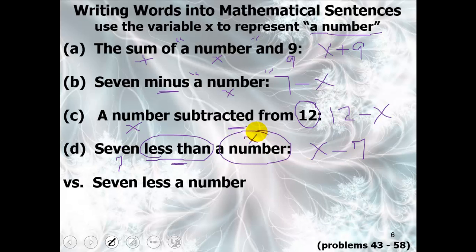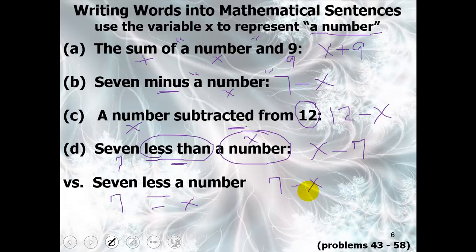Okay? Now, read this in comparison to 7 less a number. 7 less a number is, you go in the same order. It's 7 less, you're going to peel away a number from 7. So this is just as you read it, 7 minus x.